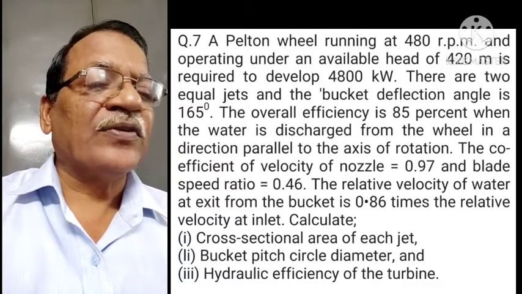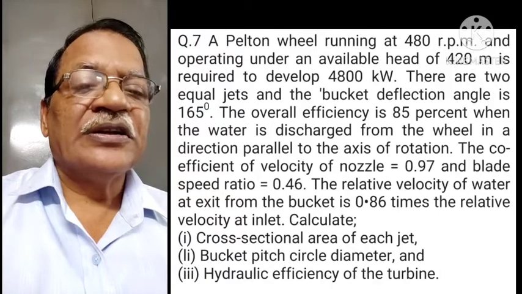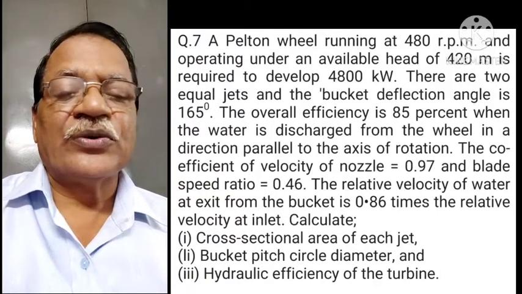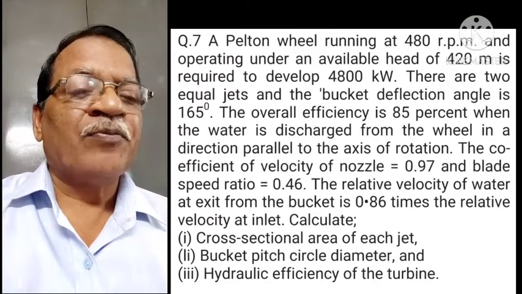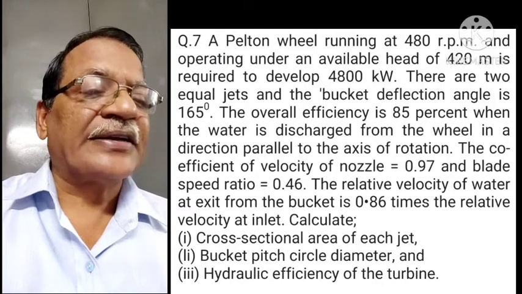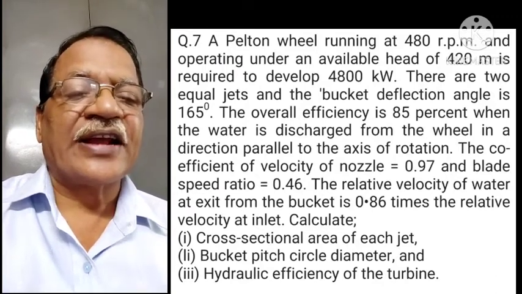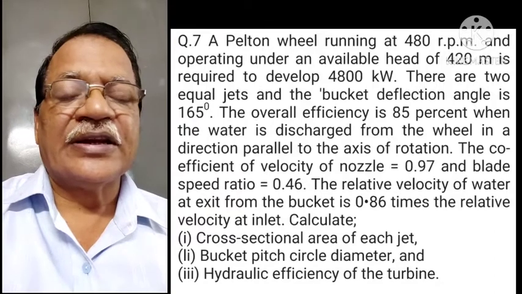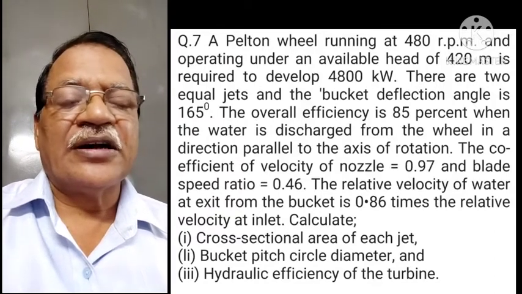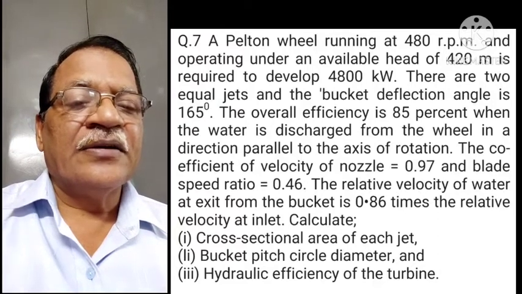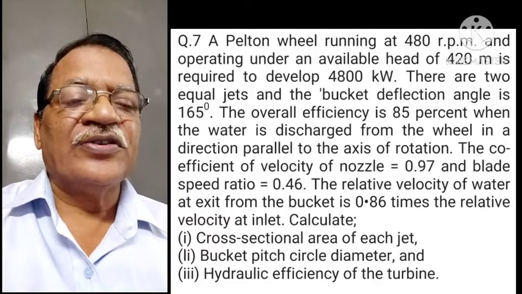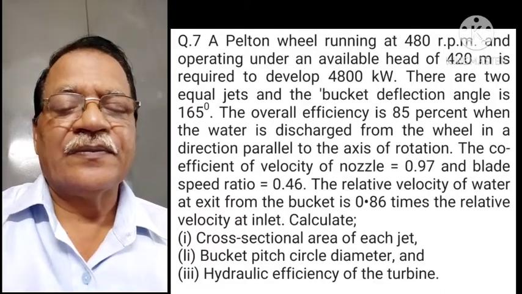The coefficient of velocity of nozzle is 0.97 and the blade speed ratio is 0.46. The relative velocity of water at exit from the bucket is 0.86 times the relative velocity at inlet. Calculate first, the cross-sectional area of each jet, second, bucket pitch circle diameter, and third, hydraulic efficiency of the turbine.